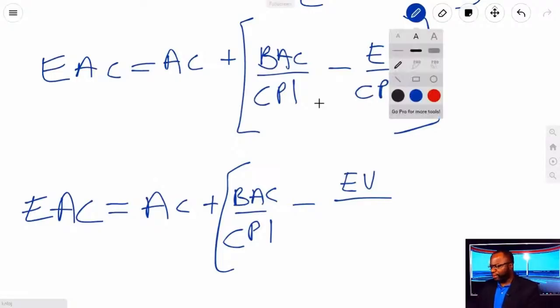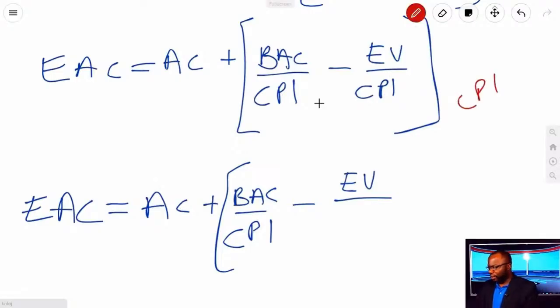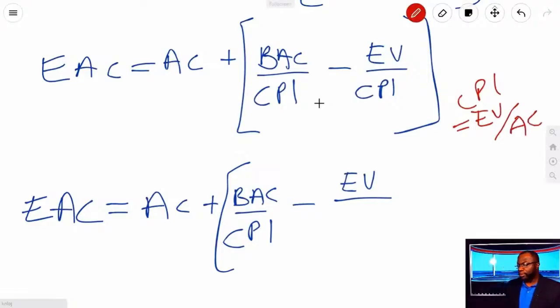Just remember that CPI is earned value divided by our actual cost. So this is really earned value divided by EV over AC.